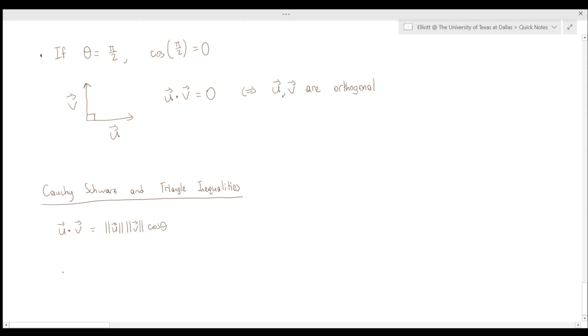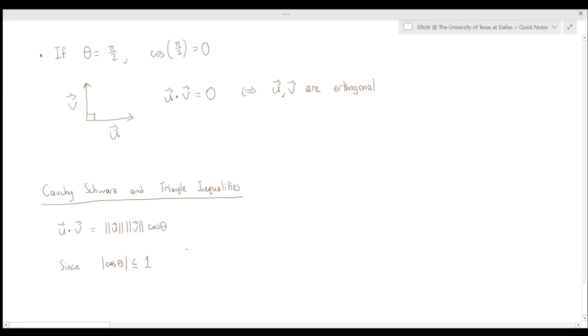We know that cosine is always between -1 and 1, so the absolute value of cosine is less than or equal to 1.